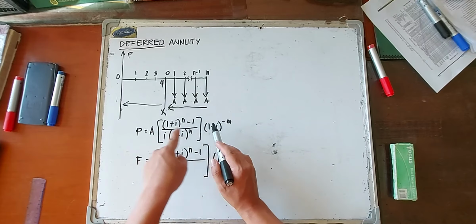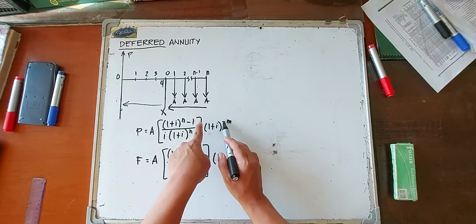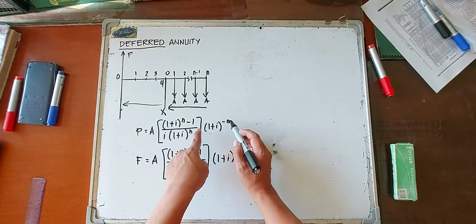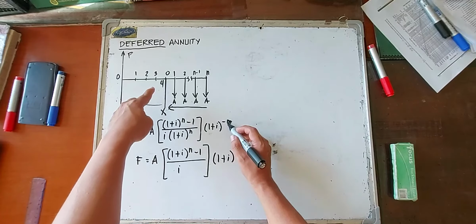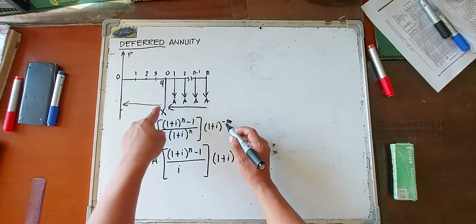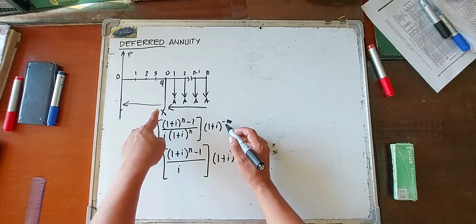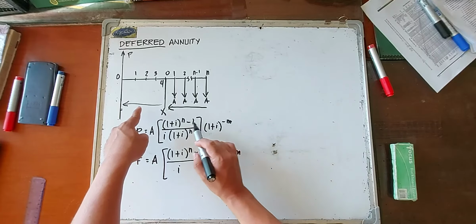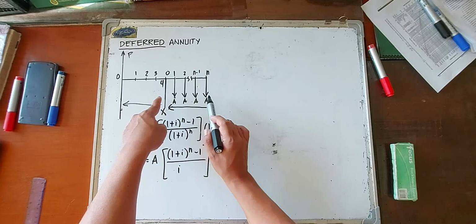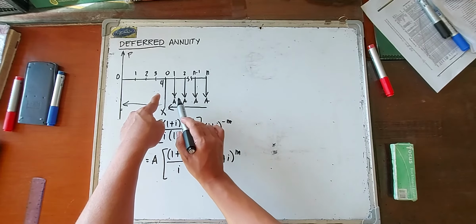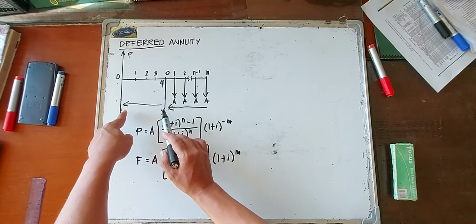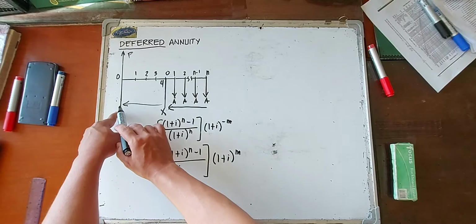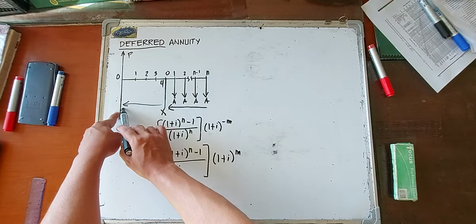I-multiply natin yan sa factor natin. Since we are solving for the present worth, then this would be negative. M would be the number of years or periods from the beginning. Magkaiba yung N at M. N would be the number of periods ng annuity natin. Yung M would be number of periods or years papunta doon sa point na sa beginning of annuity natin.